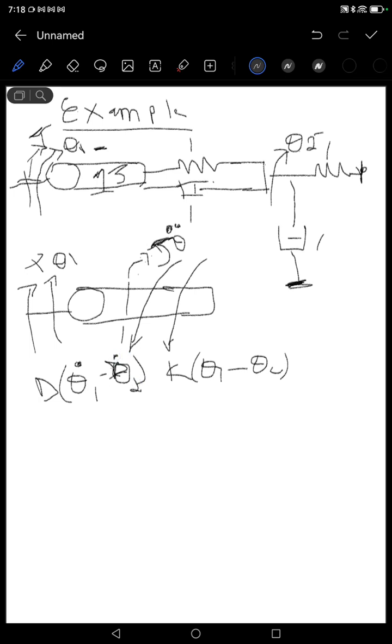So that's how we're going to draw our free body diagram, okay? Remember, when the torque is moving clockwise, it's supposed to be like this, okay? It's moving anti-clockwise. Sorry. Just know, okay, the damper and the spring are gonna be opposing all the time.